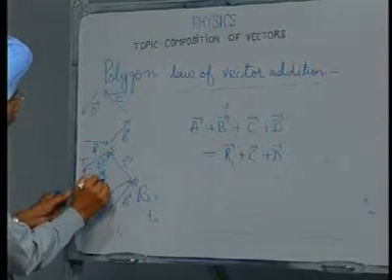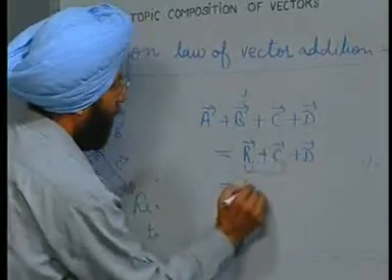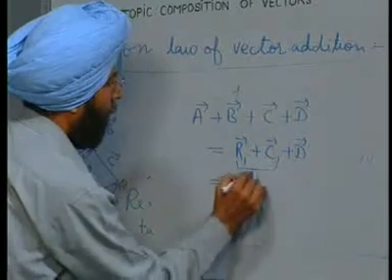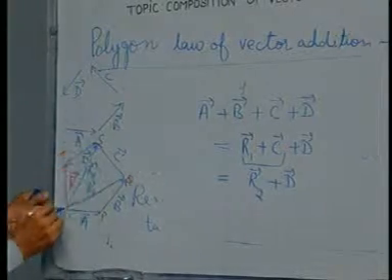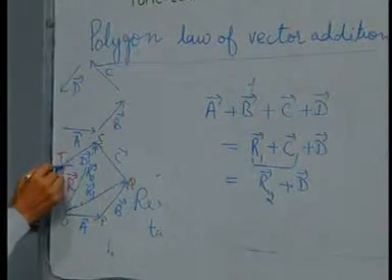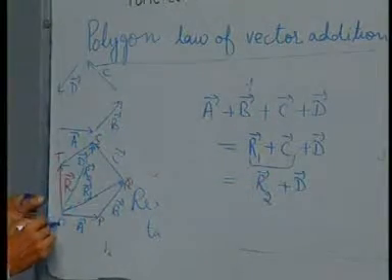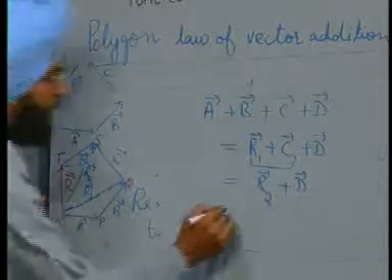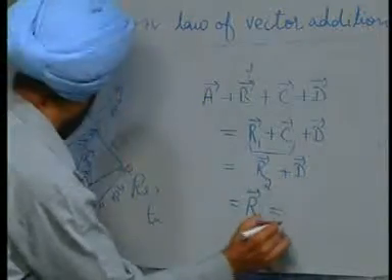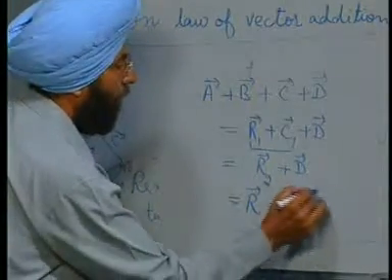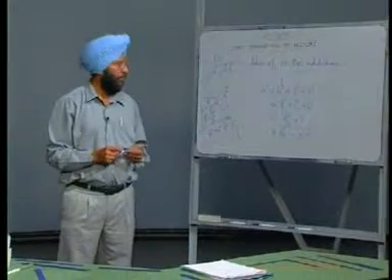OS is R2, so R2 is R1 plus C. ST is D. So, R2 plus D, we take the triangle OST, then R2 plus D is R. R is equal to OT. So, this is what we have stated in the polygon law of vectors.